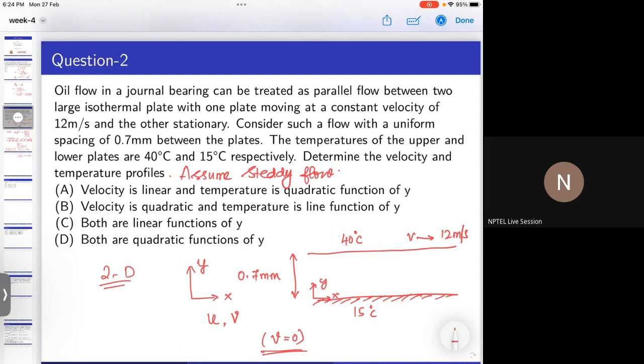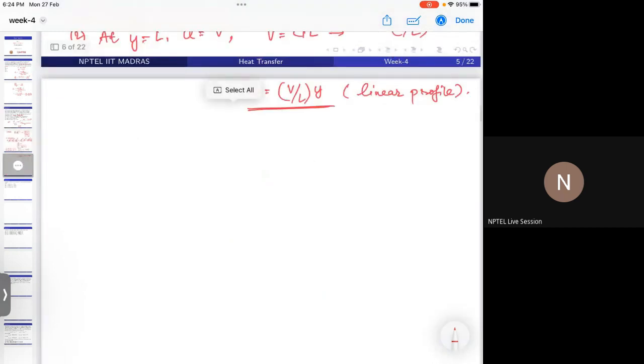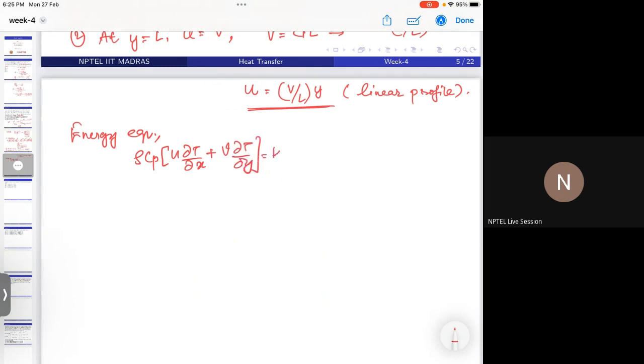Okay, so if you write the energy equation in two dimensions, you will get rho Cp times u dou T by dou x plus v dou T by dou y should be equal to k times dou square T by dou x square plus dou square T by dou y square, plus mu phi.